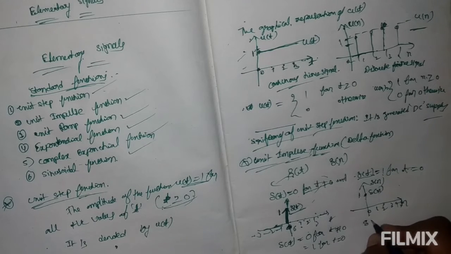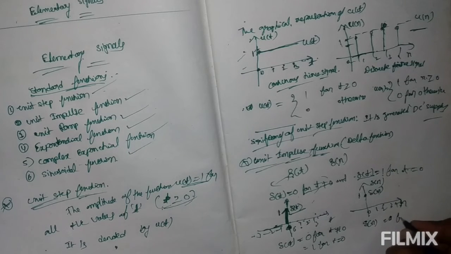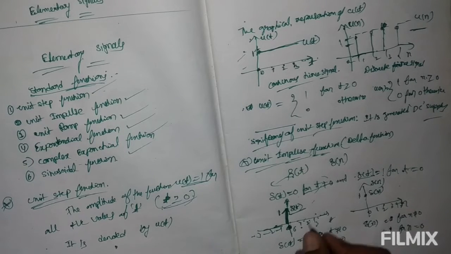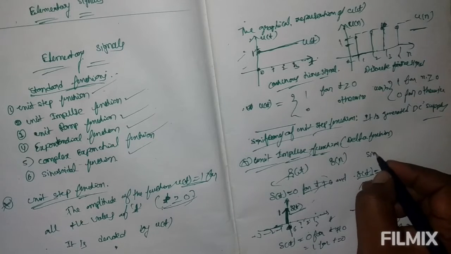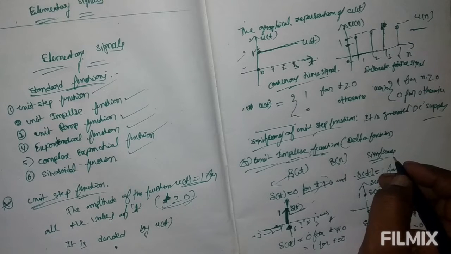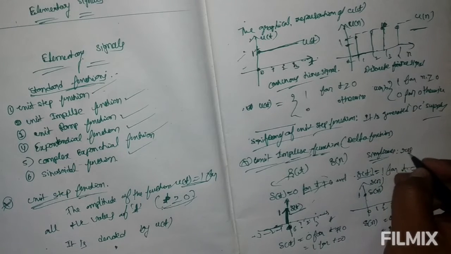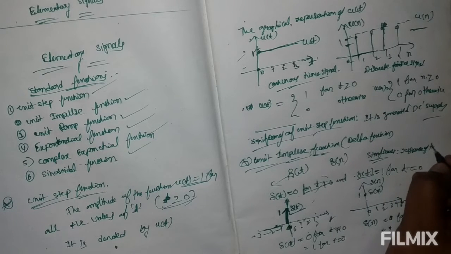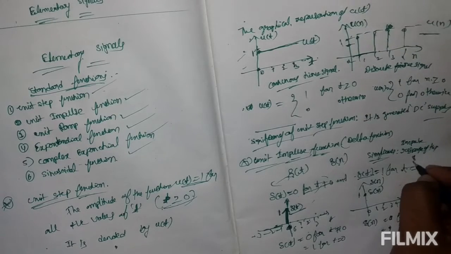In discrete form, delta of n equals 0 for n not equal to 0 and 1 for n equal to 0. The significance of the unit impulse function is that it produces the impulse response of the signal.